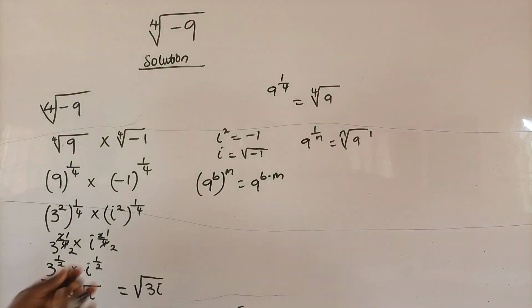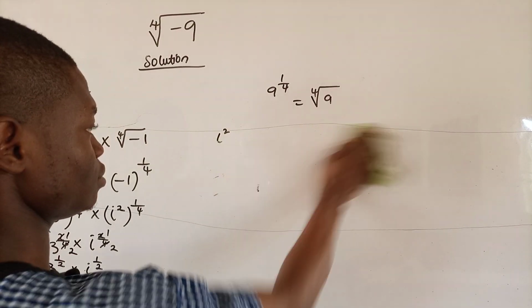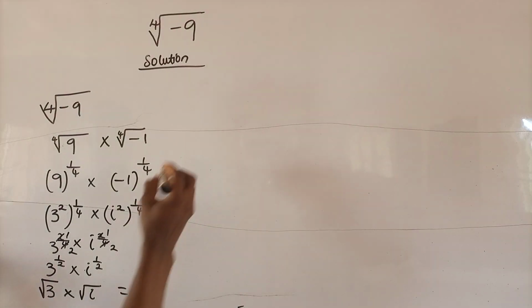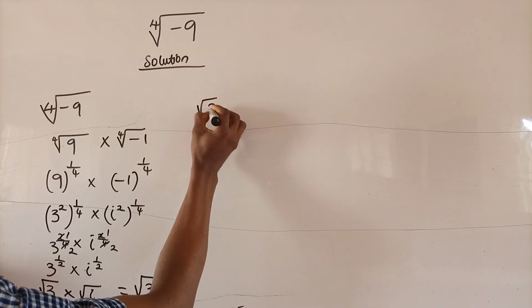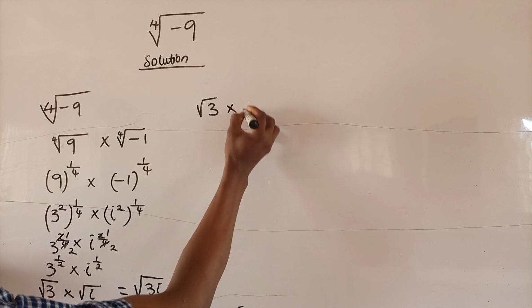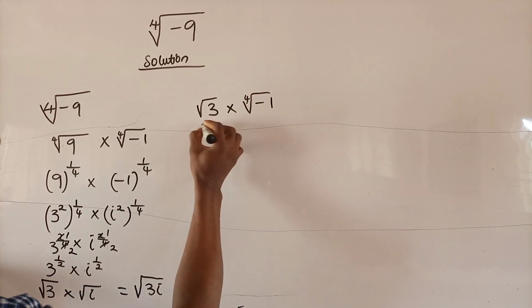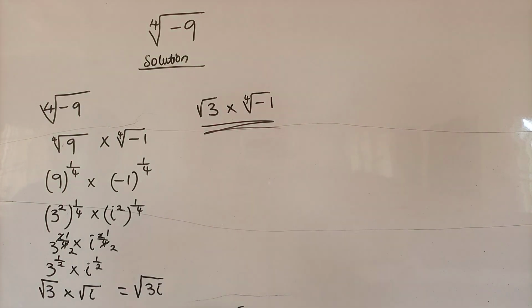And another way I can write it is the square root of 3 times the fourth root of minus 1. If you write it like this, you are still correct. This one is the answer. If you like, you can leave your answer like this. You are still correct.